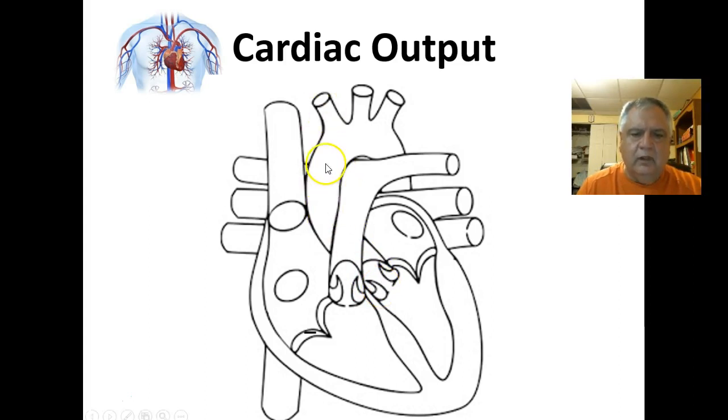Now, this aorta is elastic, so it gives when the ventricle contracts, but then it snaps back to its original size when the ventricle relaxes. As it snaps back, that maintains the pressure of the blood inside that vessel.